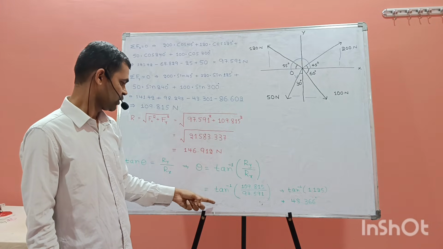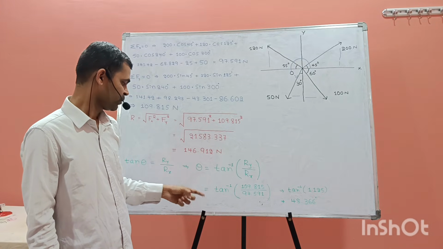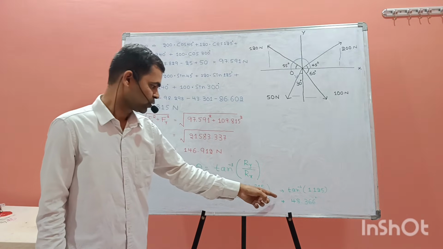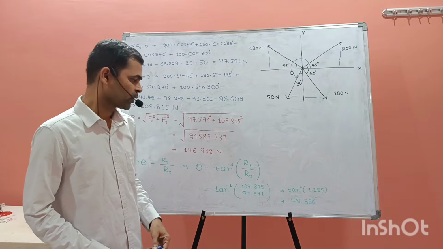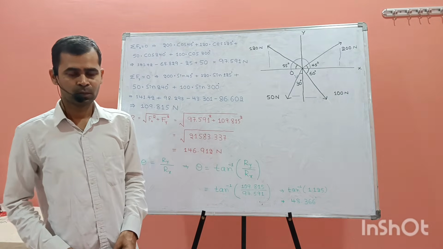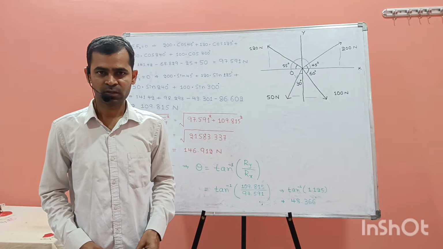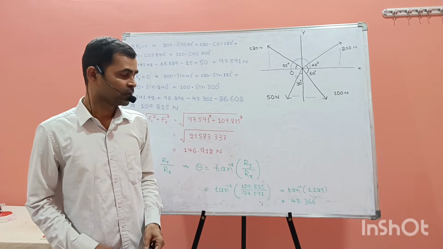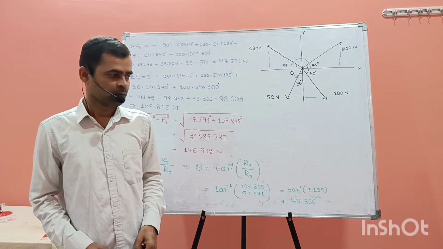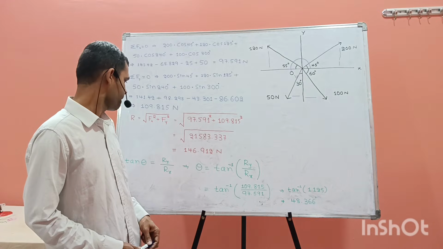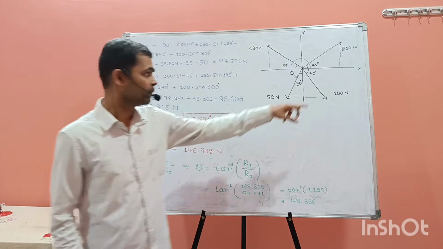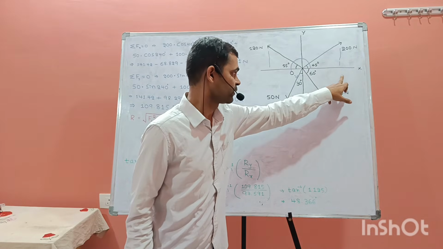When I substitute these values, theta is equal to tan inverse of this, and when I solve this I got 48.366 degrees. This is a simple problem in force systems. This is one method to solve for the resultant force, direction and angle from the x-axis.